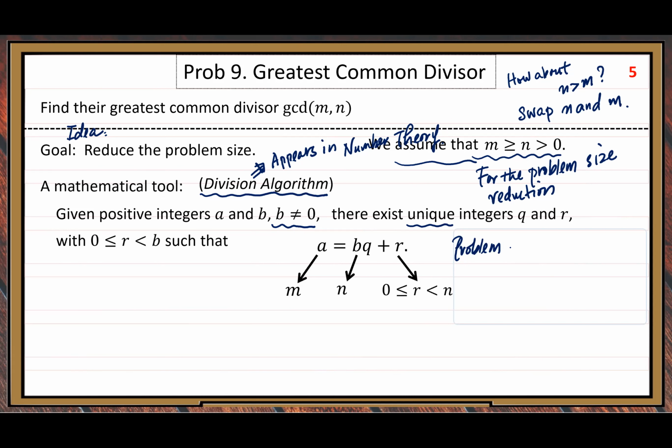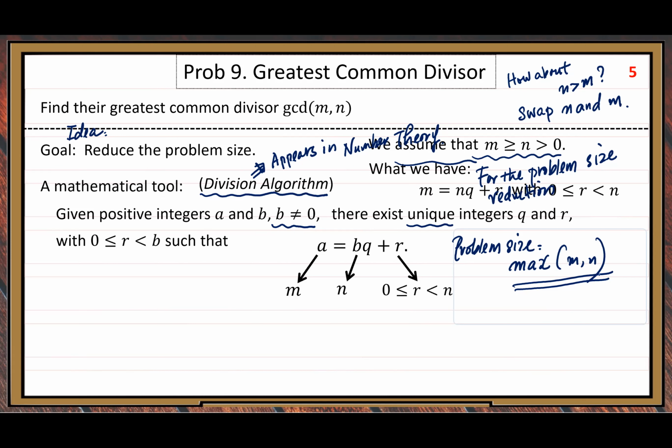In this question, the problem size is the maximum of M and N. So when we do problem size reduction, we want to reduce the maximum of these two numbers. All right, to do the problem size reduction, let's start with this version after we apply the division algorithm.